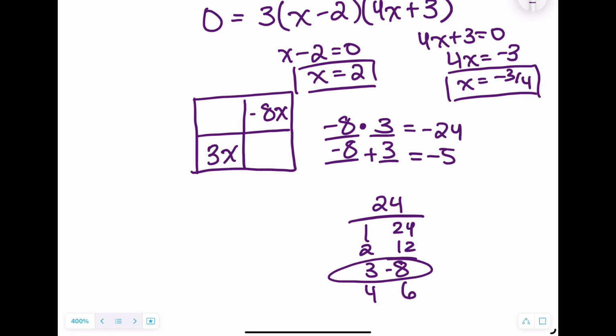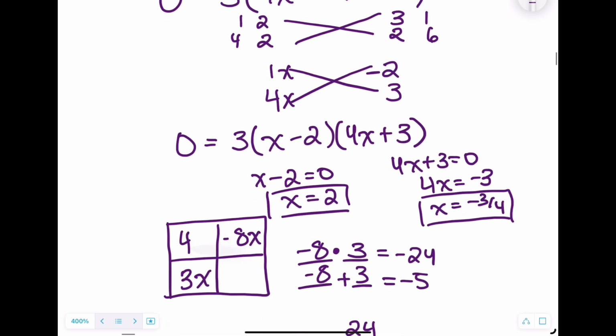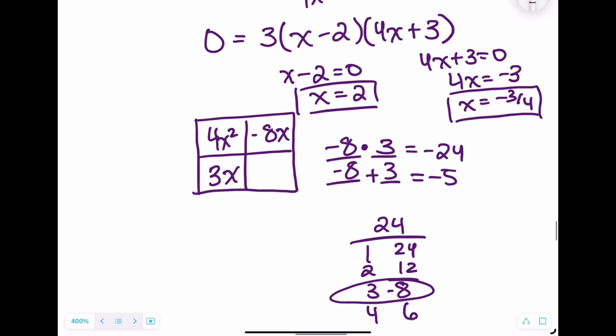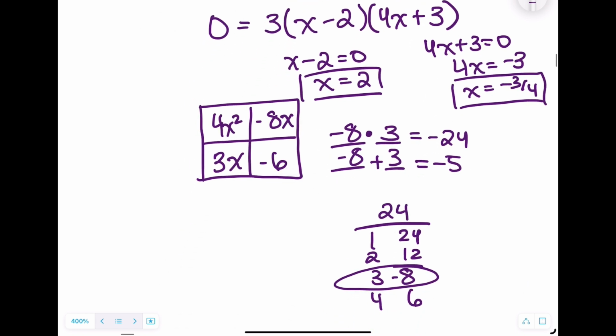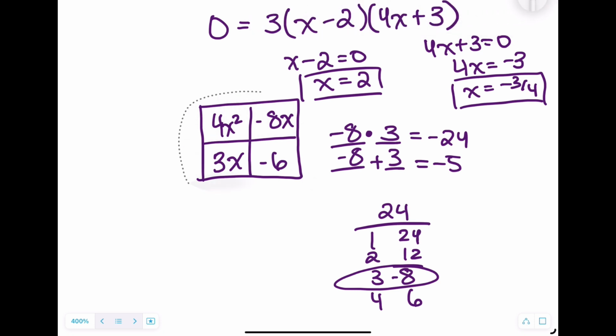We'll add in our leading term here, which is 4x squared, and our c term, which is negative 6. Just want to select and isolate this to make it a little more clear.